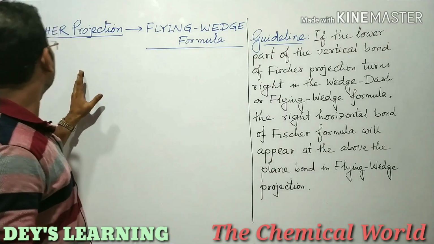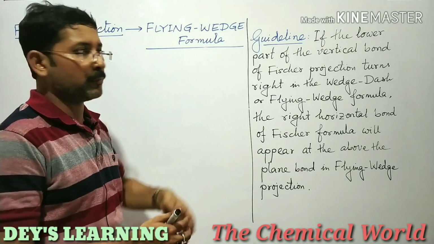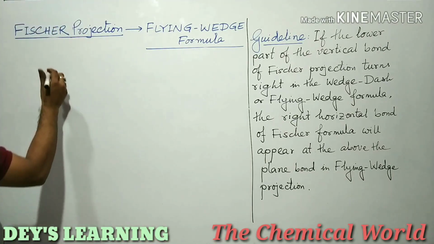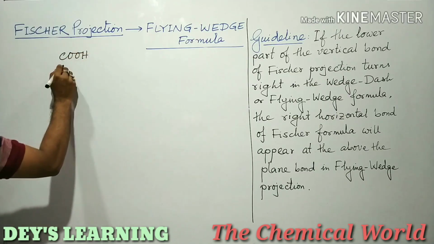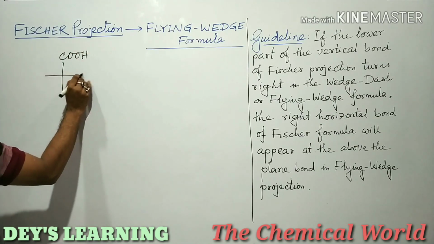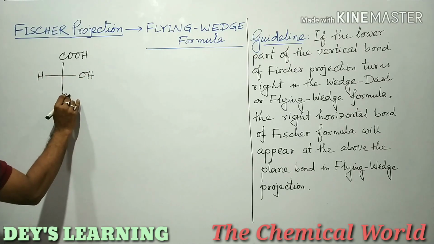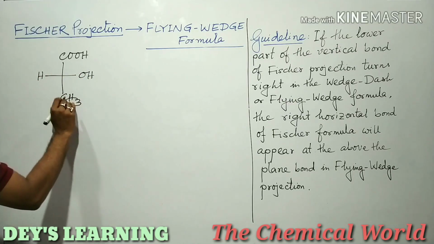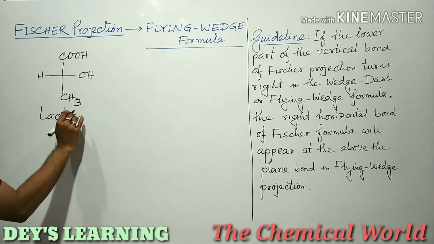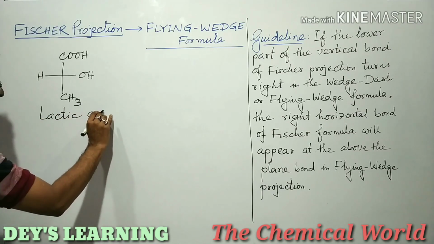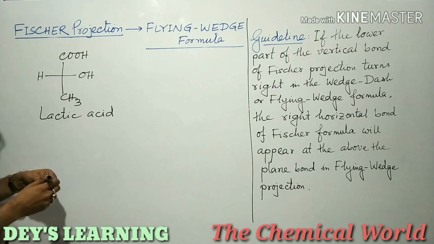Now we intend to convert the Fischer projection formula into the Flying-Wedge formula. Look at here. Let us take the molecule with CHH, this is OH, hydrogen, and this is your CH3. This is the molecule of lactic acid, one of the enantiomers of lactic acid.